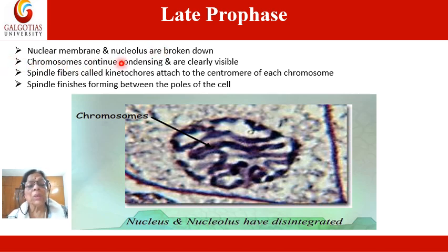Chromosomes continue condensing and are clearly visible. Spindle fibers called kinetochores attach to the centromere of each chromosome, and the spindle finishes forming between the poles of the cell.